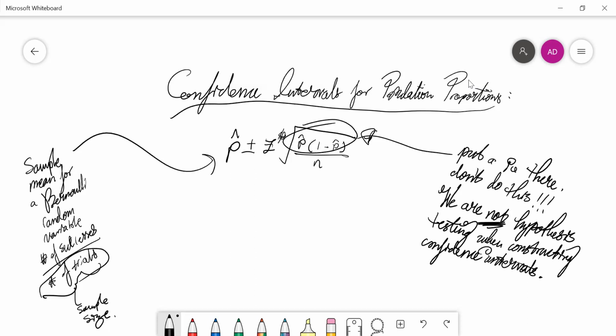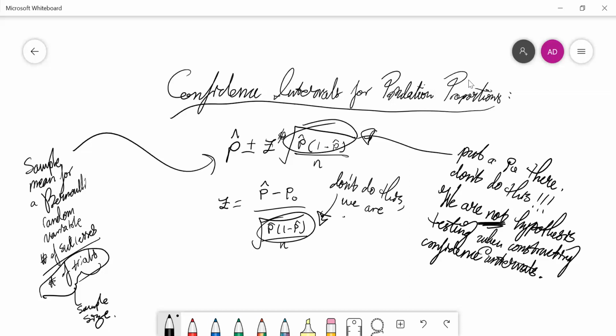And in the converse, a lot of people are tempted when they're doing hypothesis testing to do a p hat minus p naught over, and then they're tempted to do a p hat times 1 minus p hat over n. Don't do this.